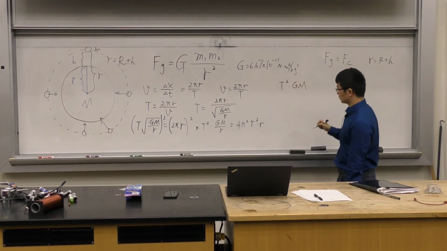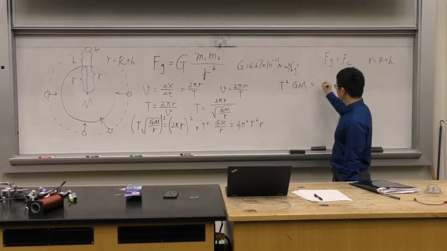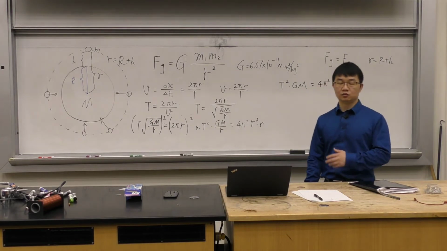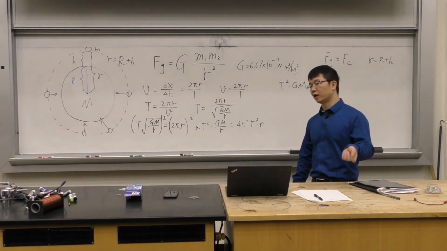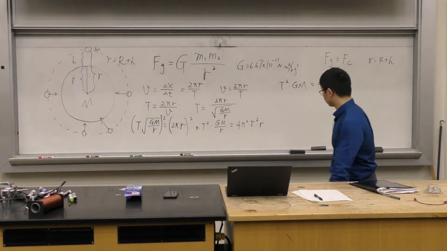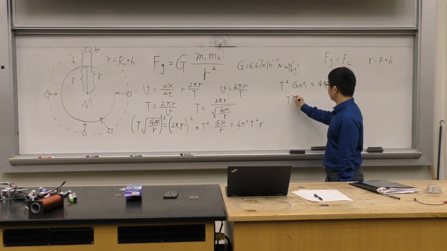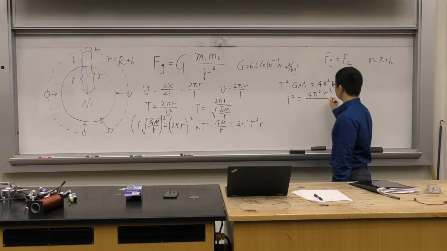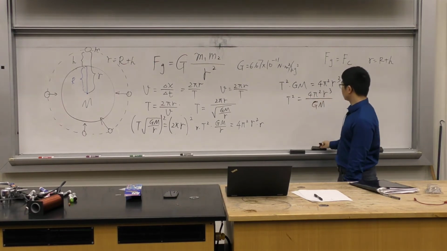Much nicer on the left hand side. On the right hand side, you get 4 pi squared r cubed. Now you see that you can just divide. You don't have denominators, you don't have square roots. Very nice. T squared equals 4 pi squared r cubed divided by big GM. Now just take a square root.